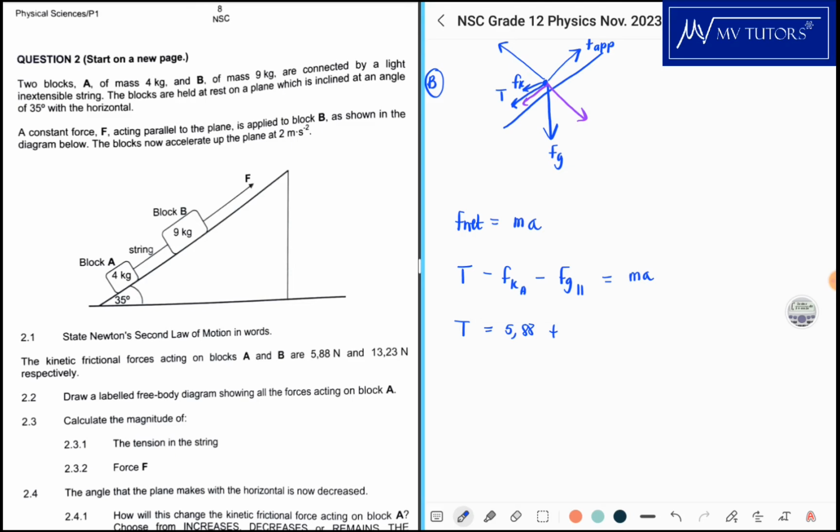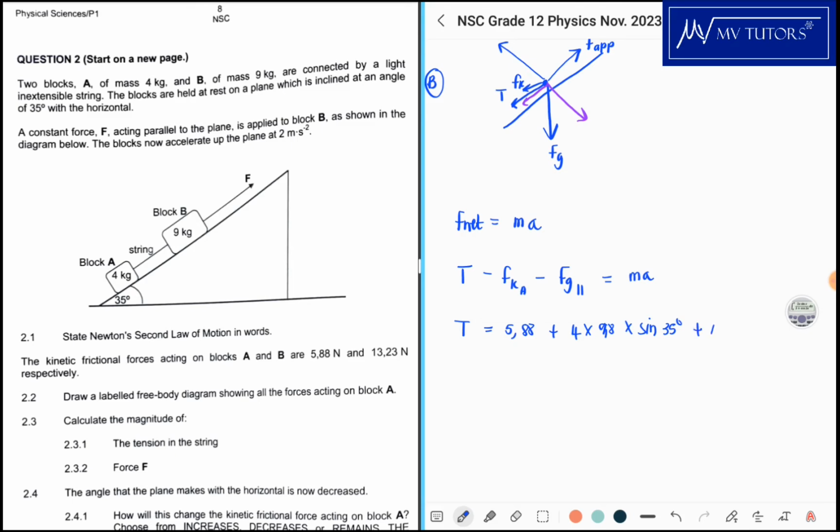Well, what's gravitational force? That is just mass times gravitational acceleration. So we're looking at the 4 kilogram block. So that's 4 times 9,8. All right, and that will be also multiplied by sine 35 degrees, and then we have our mass times acceleration.